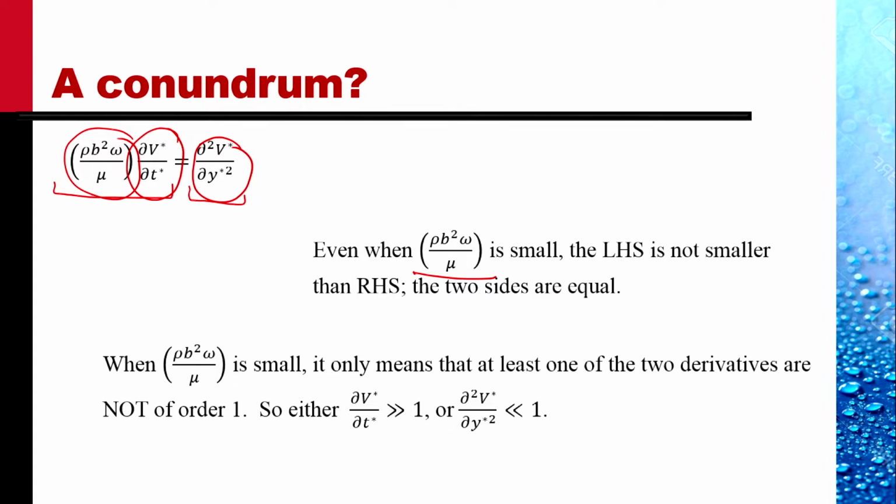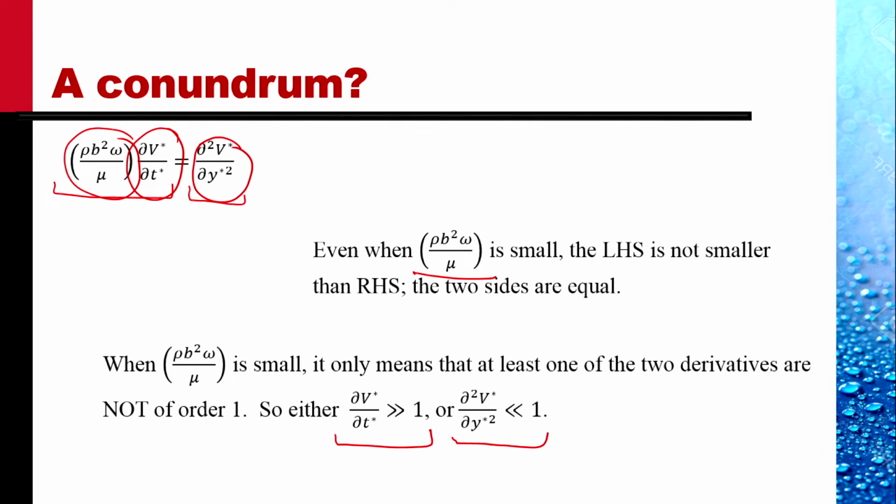When rho b square omega by mu is small, it only means that at least one of the two derivatives which we expected to be normalized are not normalized. At least one of the two derivatives is not of order 1. So, either del v star by del t star is much greater than 1, or del square v star by del y star square is much less than 1.